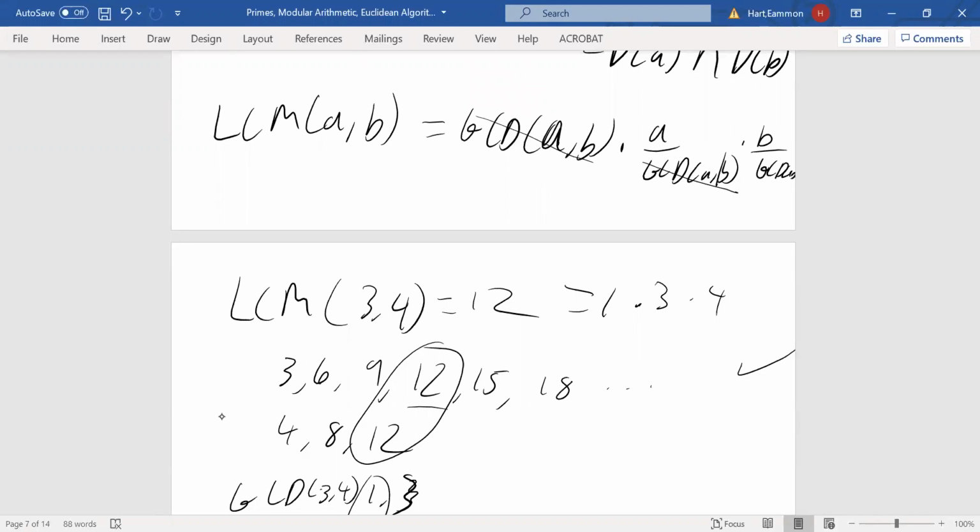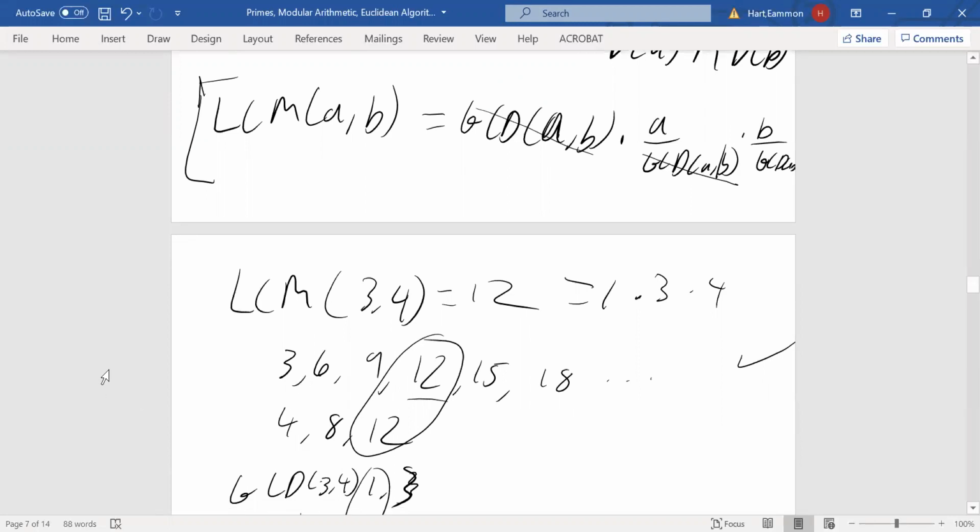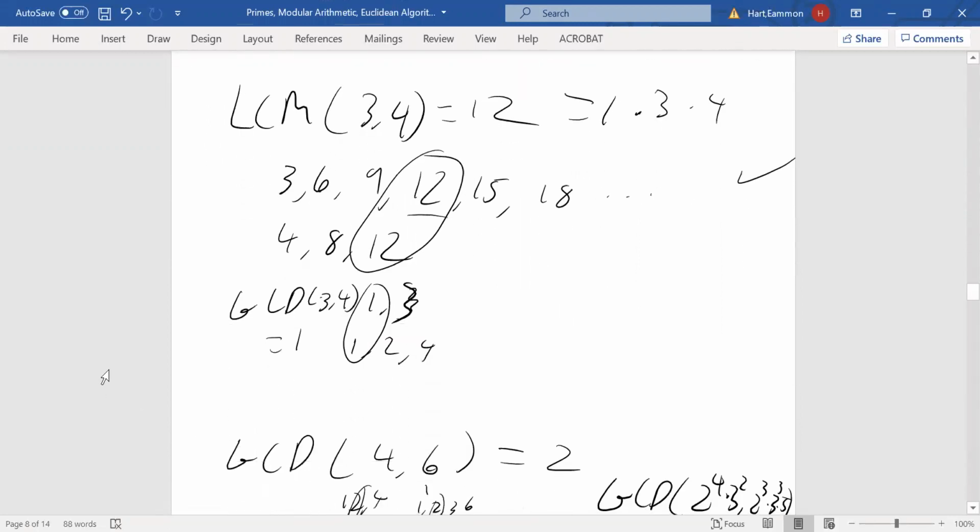So it makes it a little bit simpler. I'm not going to prove this, but if you understand what's going on here, it should make a lot of sense and you should be able to prove it to yourself. So be aware of that.